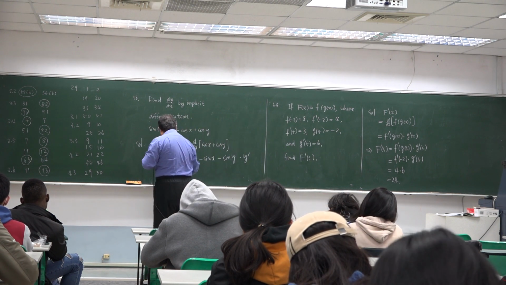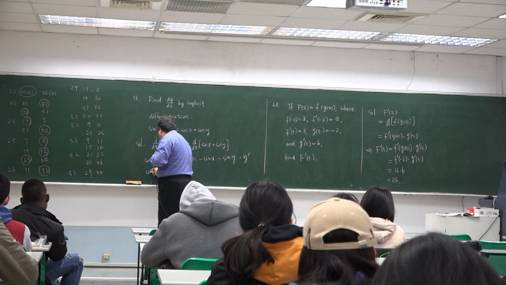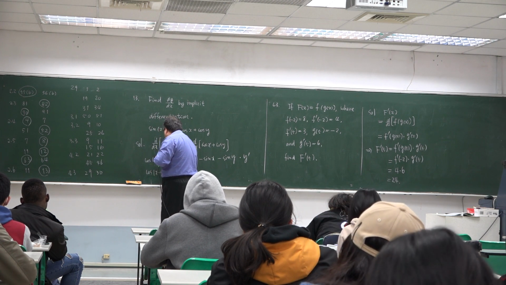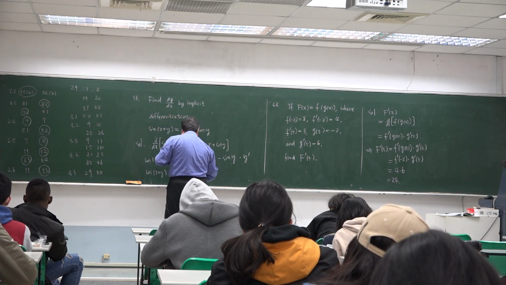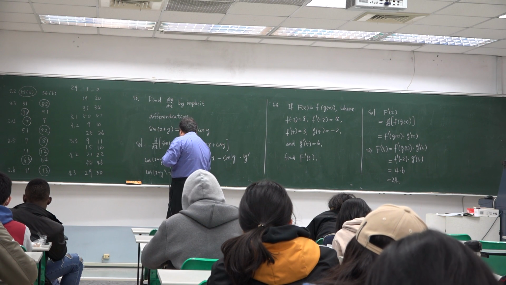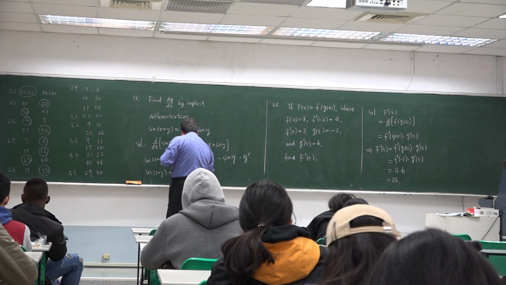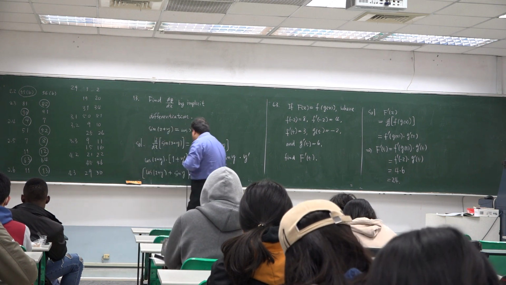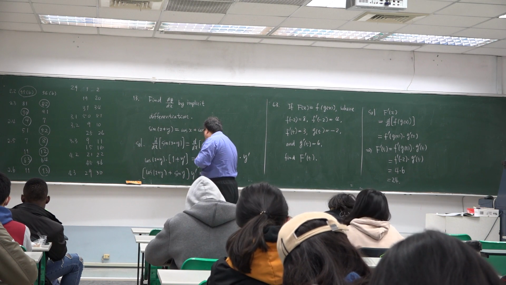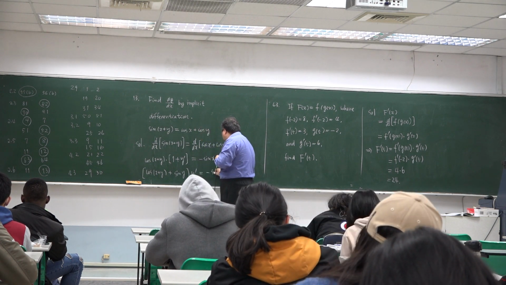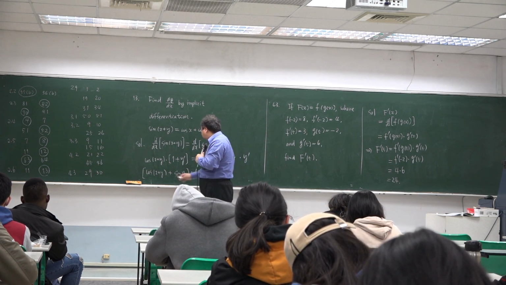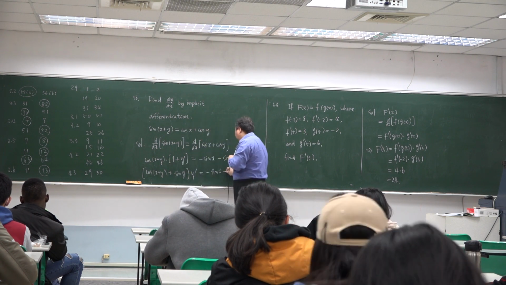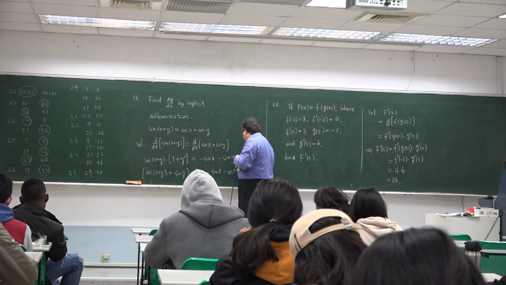So the coefficient of y prime is cosine of x plus y, plus sine y. Minus sine x minus cosine of x plus y.